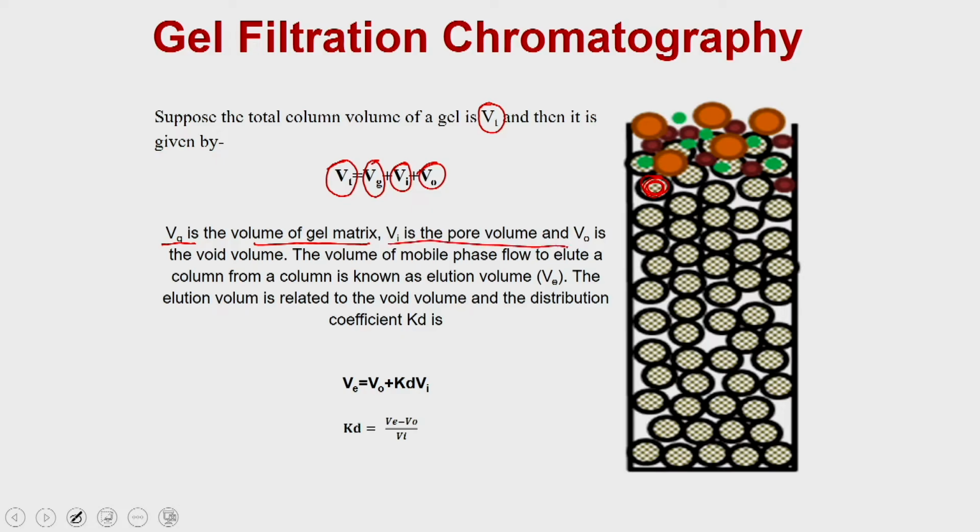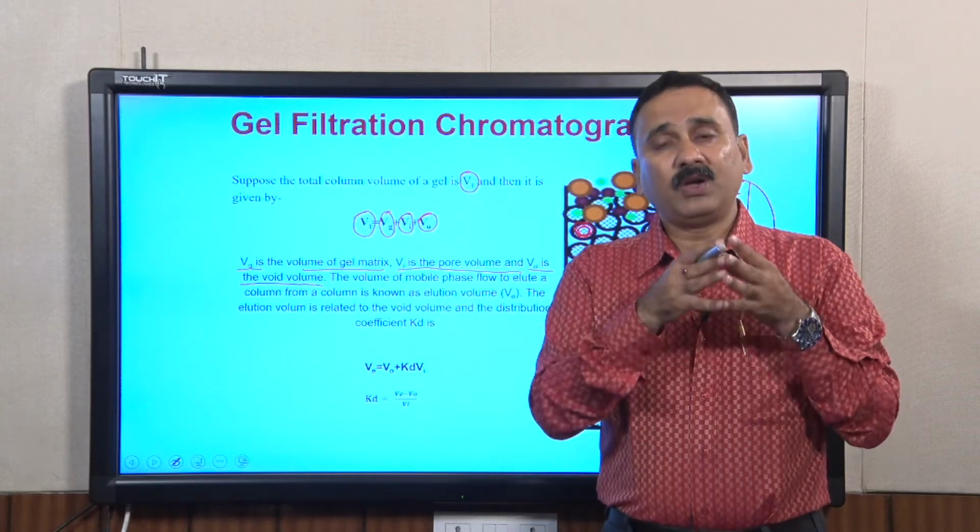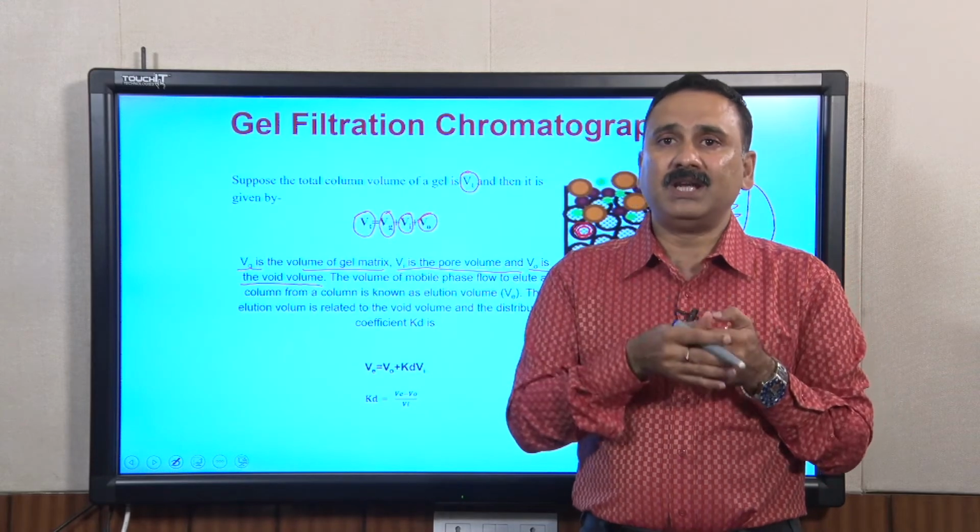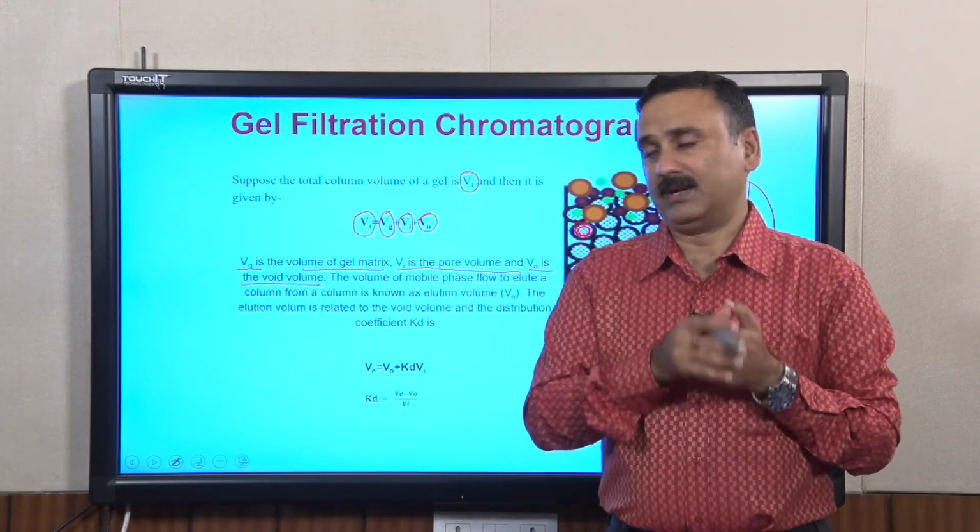Vi is the pore volume, which means the volume of these pores which is going to take part in the exchange, and Vo is the void volume, which is the volume that is being excluded. So, void volume means the volume which is avoided by the molecules and which will not take part in the exchange or the distribution phenomena.